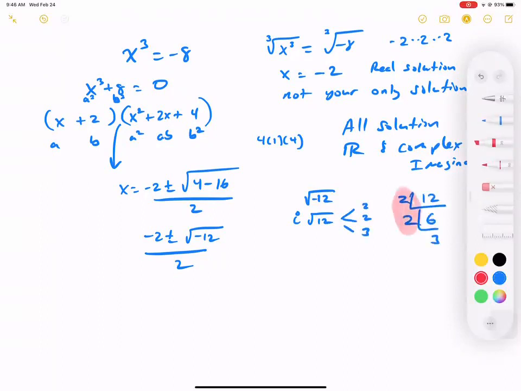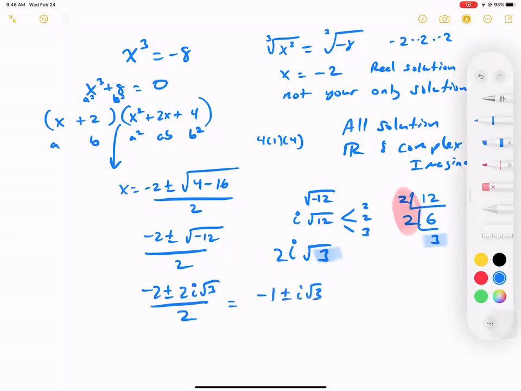I have a pair of 2's, so it's 2i, with 3 left over. What's left over goes inside the square root. So it's negative 2 plus and minus 2i square root of 3, over 2. We simplify by dividing both sides by 2: negative 1 plus and minus i square root of 3. And that's how we end up with our two separate imaginary answers.